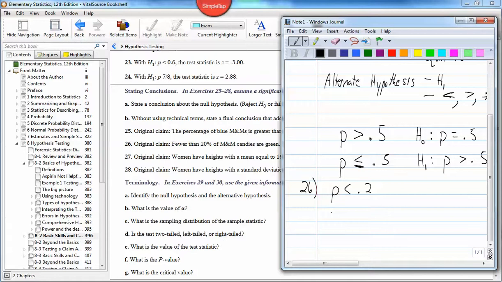The opposite of that would be P is greater than or equal to 0.2. The one with equality is my null hypothesis. And the null hypothesis always has equals. So you'll say, okay, H sub O where P equals 0.2. Your alternate hypothesis is going to be P is less than 0.2.